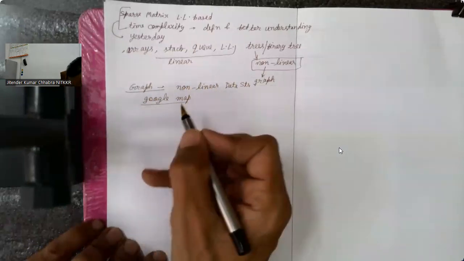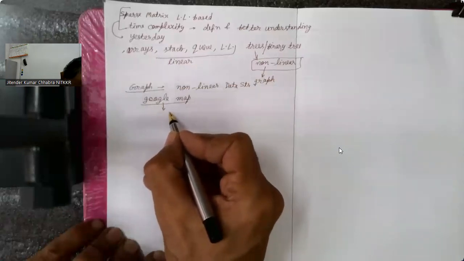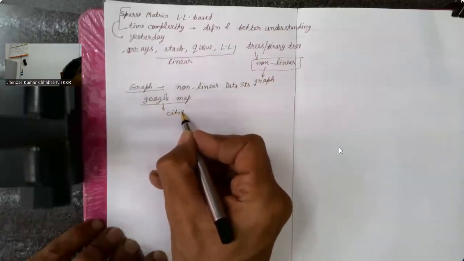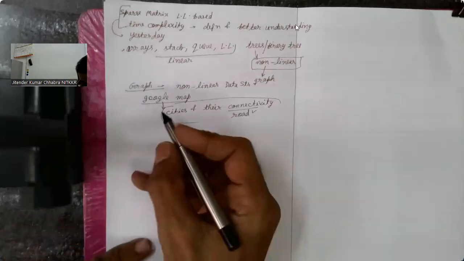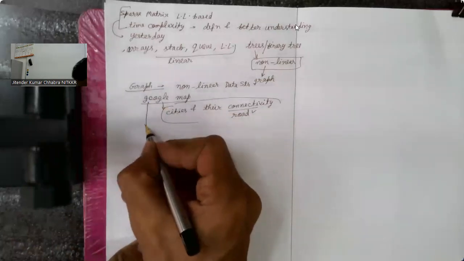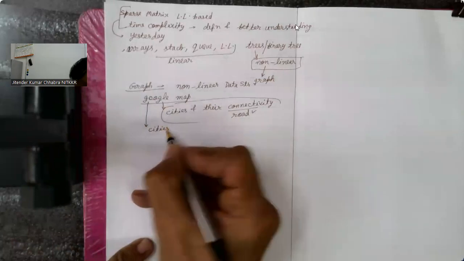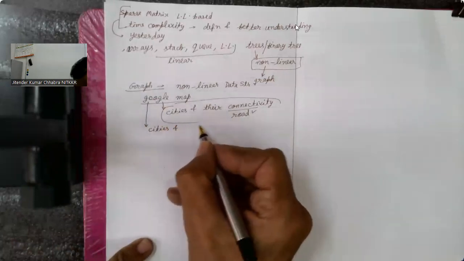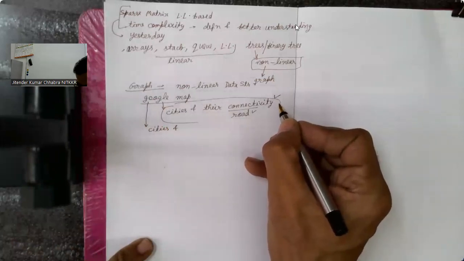Effectively, if you look at Google Map, what does it store? It has information about all cities and their connectivity, in terms of road as well as metro and even walking distance.